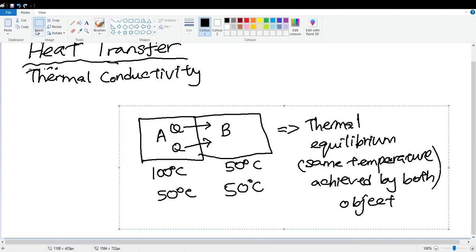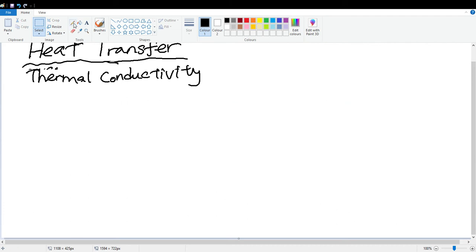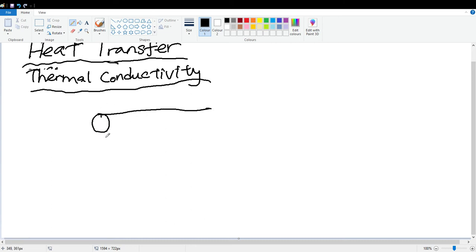So let's enter this subtopic, thermal conductivity. Let's say I have my wire here, and this is my A, and this is my change in distance. I denote this distance as delta x.